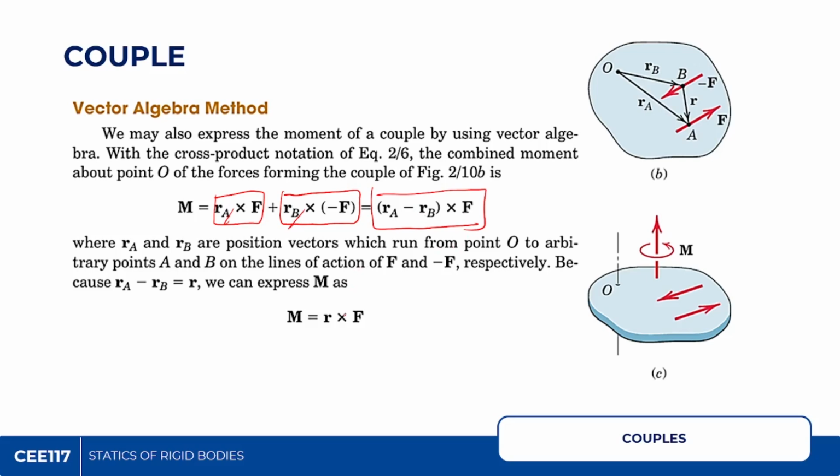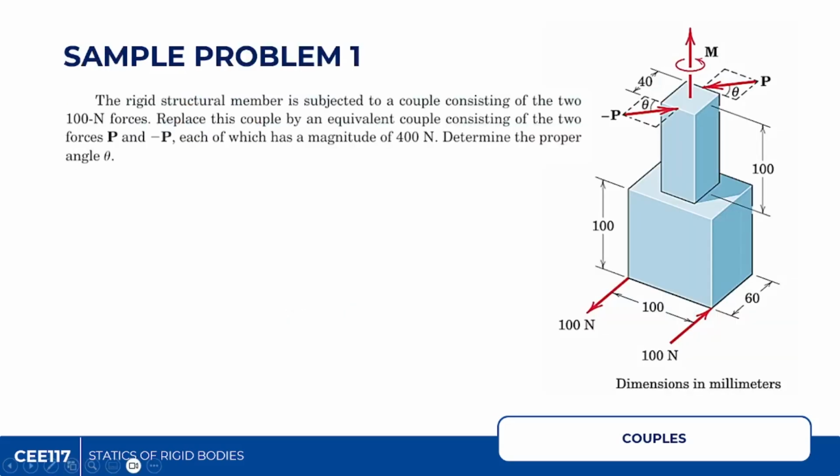Okay, so siguro let's illustrate some example. The rigid structural member is subjected to a couple consisting of two 100 Newton forces. Replace this couple by an equivalent couple consisting of the two forces P and negative P, each of which has a magnitude of 400 Newton.